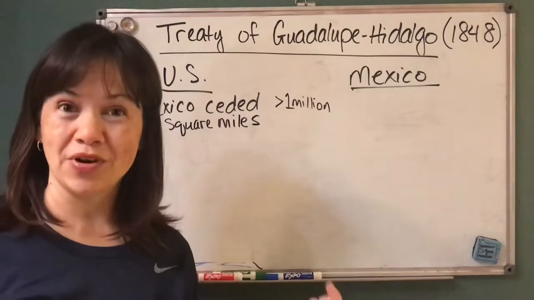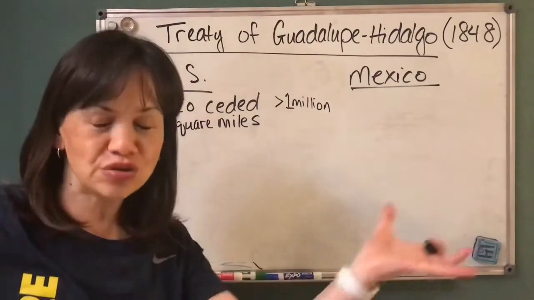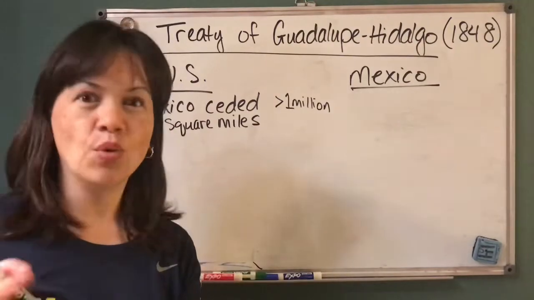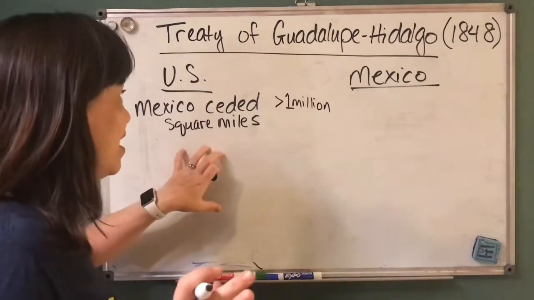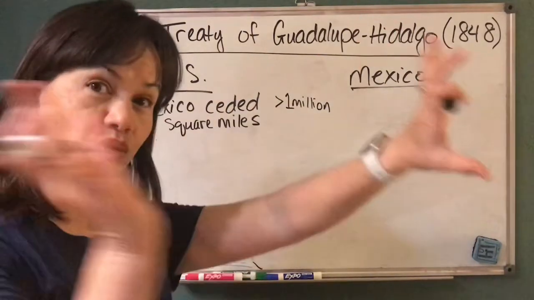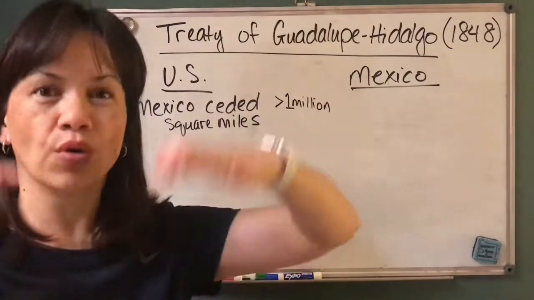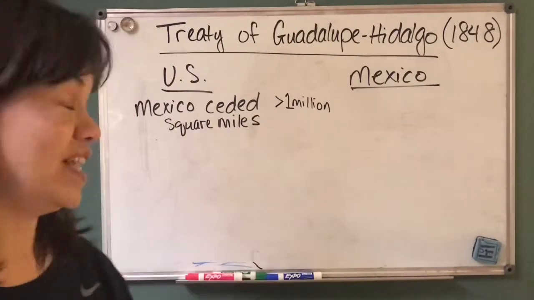So if you remember anything about the Louisiana Purchase from 1803, that was a huge chunk of land that more than doubled the United States at that time. And now they're getting more than 1 million square miles of land to the west. This is the northern chunk of Mexico, which has now been chopped off and handed over to the United States.